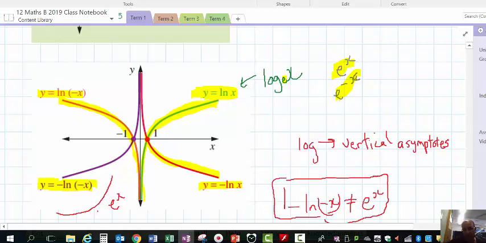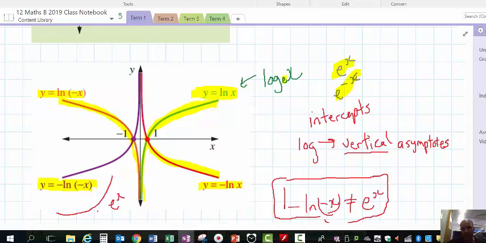Log functions have a different asymptote to the exponential functions. Exponential functions have a horizontal asymptote, and logarithmic functions have a vertical asymptote. There's also a difference with the intercepts between exponentials and logs.